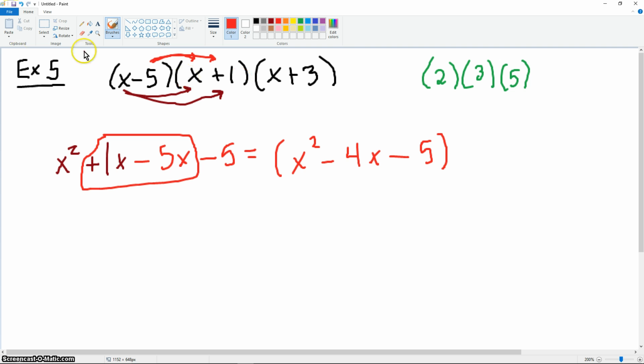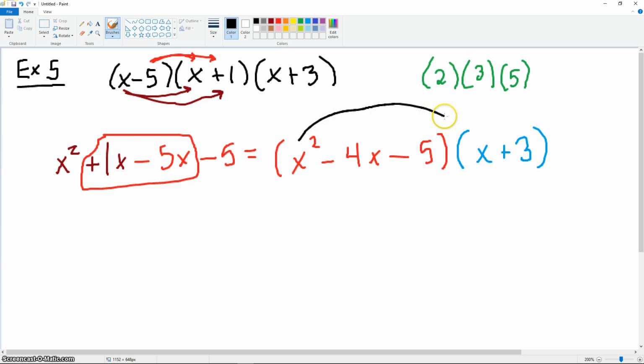Okay, but then we must remember we're not done yet. We have to multiply it by that third binomial that we have left, which in this case is x plus 3. And again, we use the same FOIL concept. So here we go. We have to multiply each of these terms into these two terms in here.